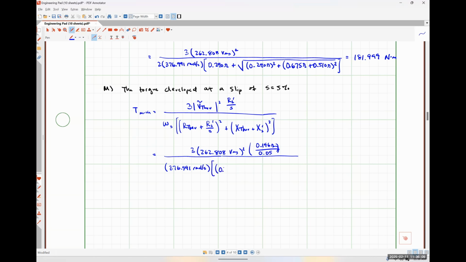R Thev was 0.290 ohms. Then we'd have plus 0.196 over 0.05. Square that whole thing. X Thev was 0.675. X2 prime was 0.510. Square that. Close brackets.